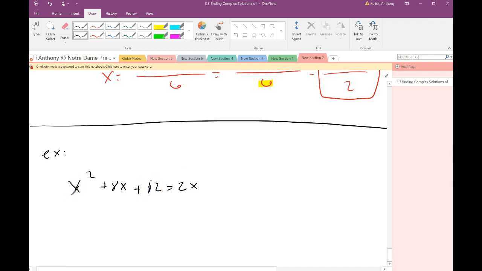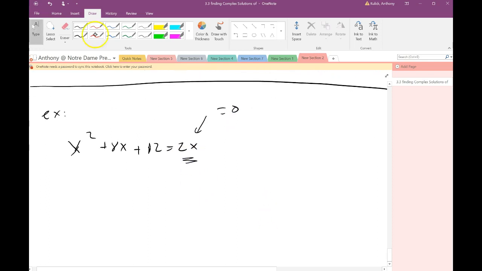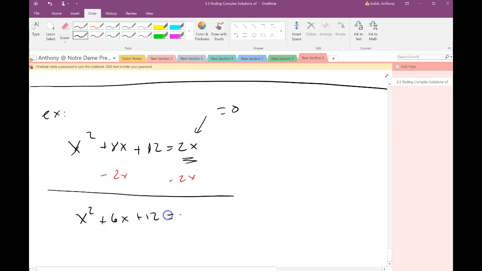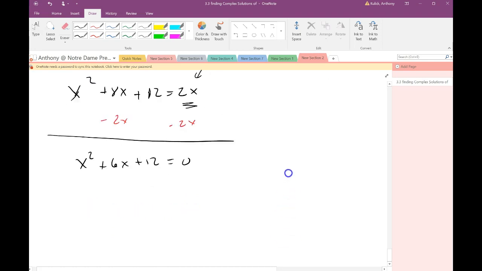So remember, to use the quadratic formula, it has to equal 0, but we don't equal 0 right now. We equal 2x. How are we going to remedy that? Well, it's easy. We'll just subtract 2x from both sides. Come on, not that hard. It's a trick question. And now I can apply the quadratic formula.